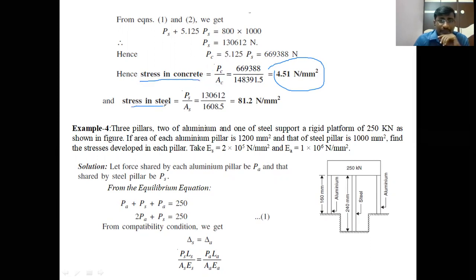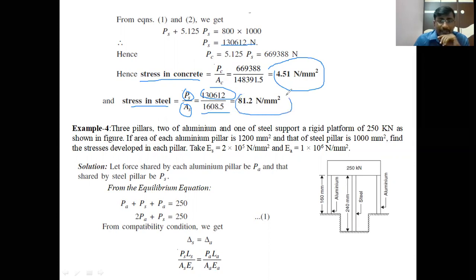Then similarly, the stress in steel. The load shared by the steel material divided by the cross-sectional area of the steel. The PS value is 130,612 divided by the area of the steel rods. Total area of the steel rods is 1608.5.